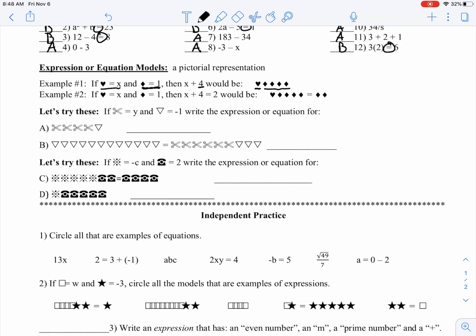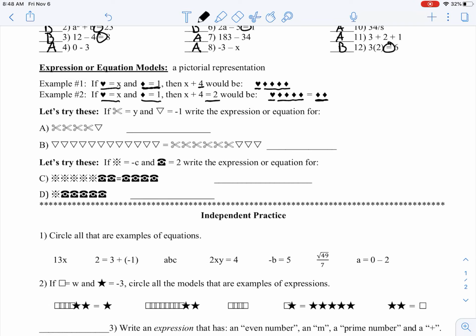Same kind of thing if we're writing an equation from this. So x plus 4, there's our x, and then our 4 diamonds is our plus 4. And we need to finish off equals 2. Remember, diamond is equal to 1, so 2 diamonds would be equal to 2 there.